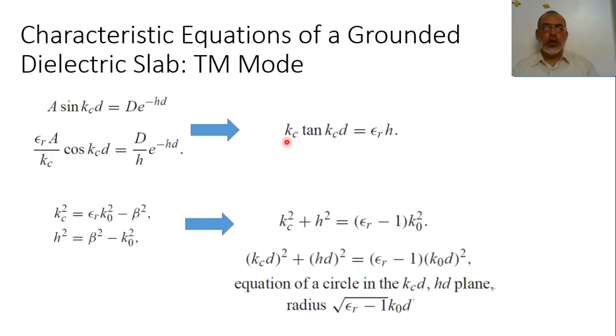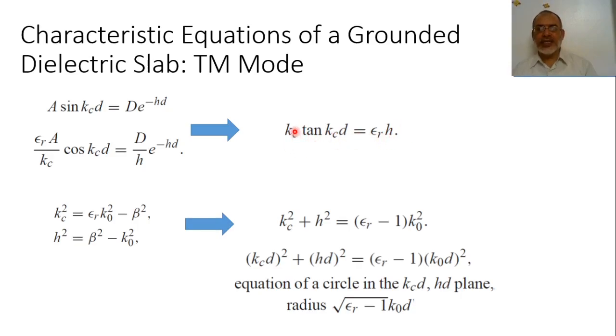So the relation between kc and h according to the boundary conditions is Kc tan Kcd equals epsilon r h. To make the equation slightly balanced, we are going to multiply both sides by d.